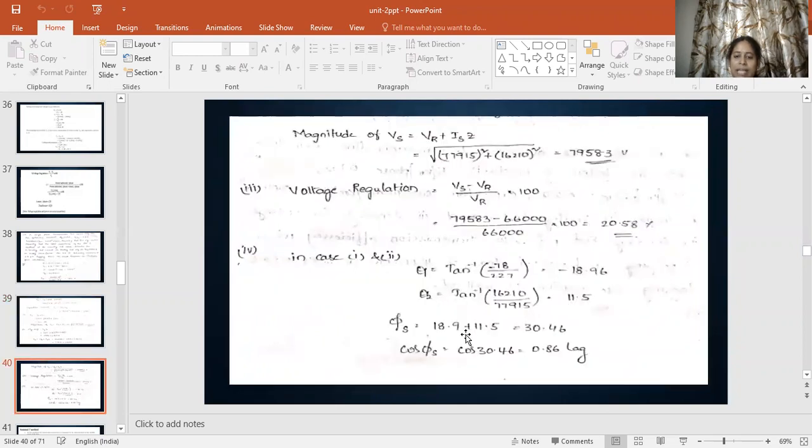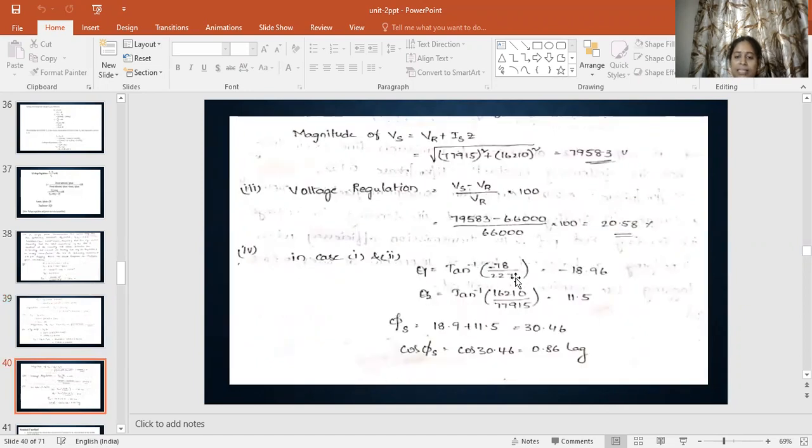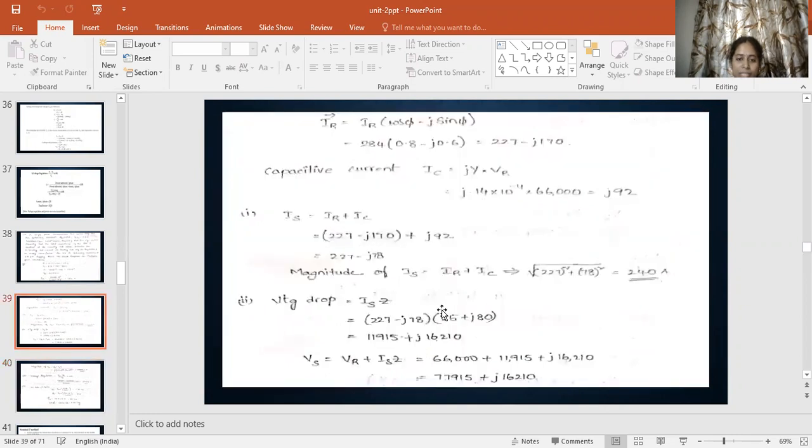And the angle between the Vs and Vr is nothing but the phi s angle. So for the Is angle, it is tan inverse of imaginary term by real term. That value, angle theta 1, is minus 18.96. And theta 2 is the Vs angle. Vs value is 77,915 plus j 16,210.